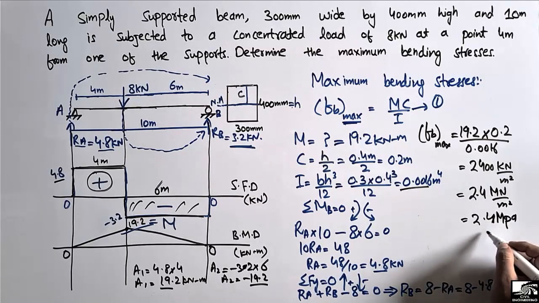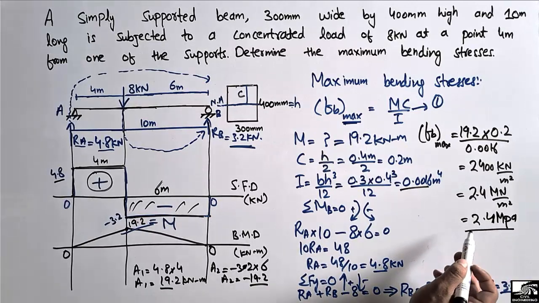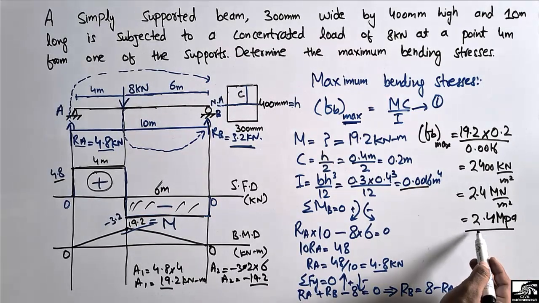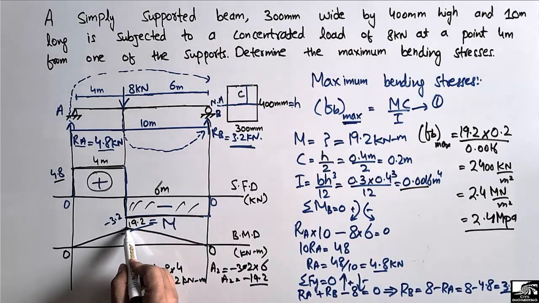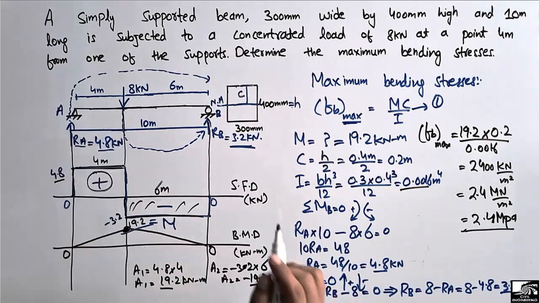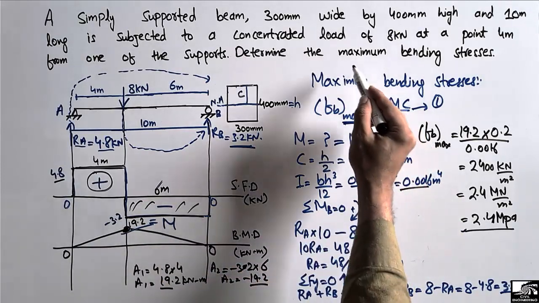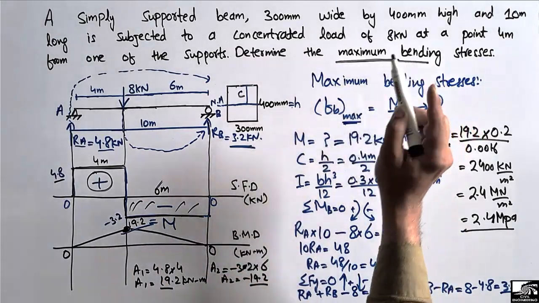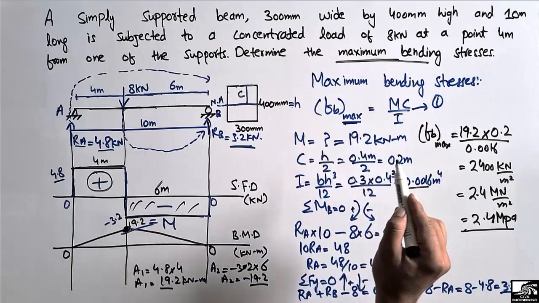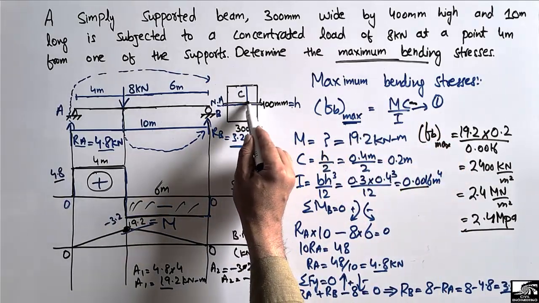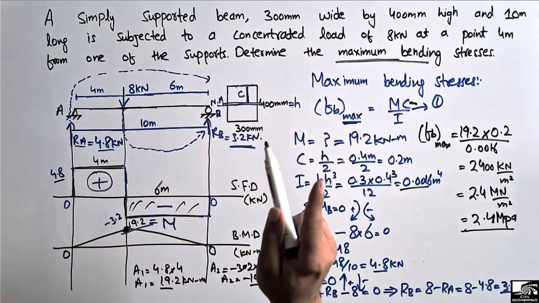So the maximum bending stress in this beam is 2.4 megapascal, and this maximum bending stress will lie at this point of the beam, at a distance of 4 meters from the hinge support. Hope you understand how to find the bending stresses, and especially the maximum bending stress, we used the maximum bending moment for the beam, and the value of c should be from the neutral axis up to the extreme fiber in case of the maximum bending stress.